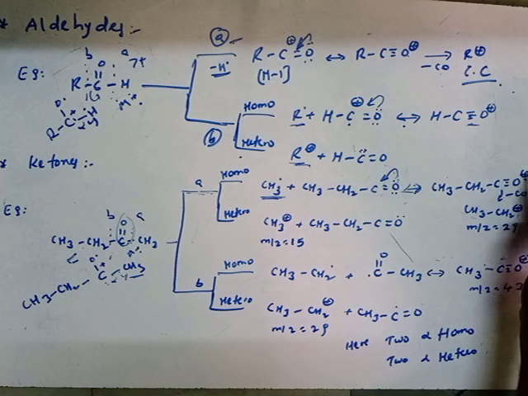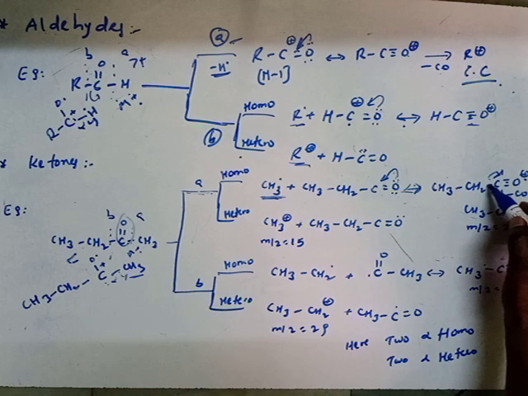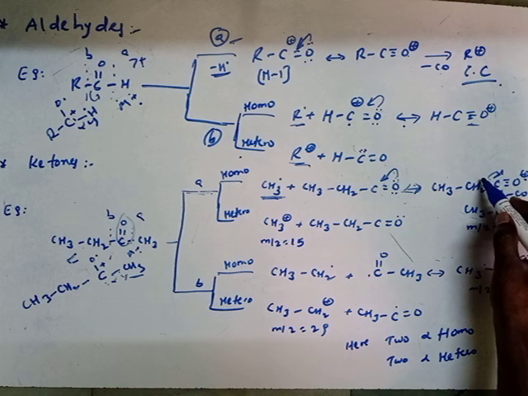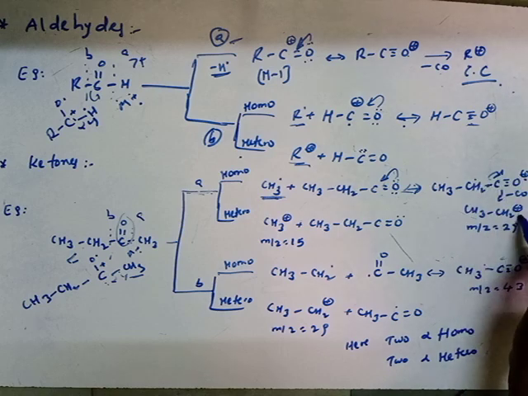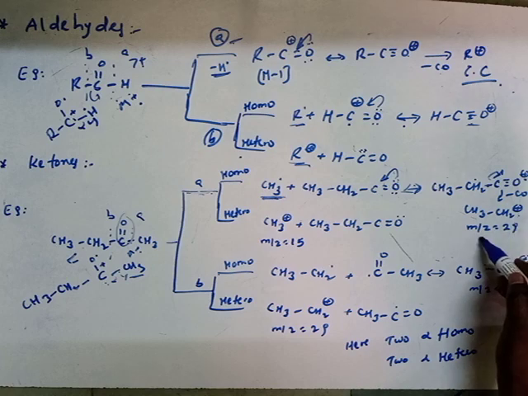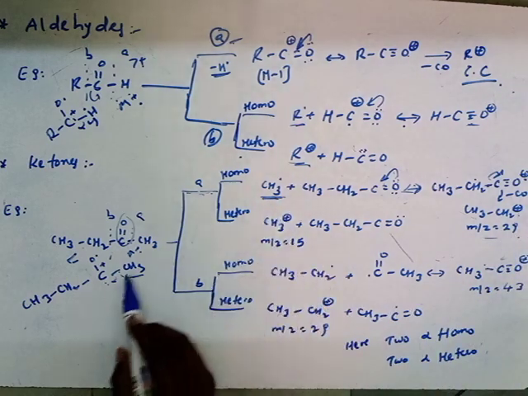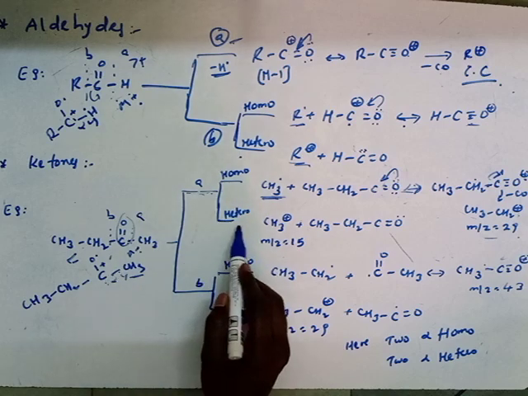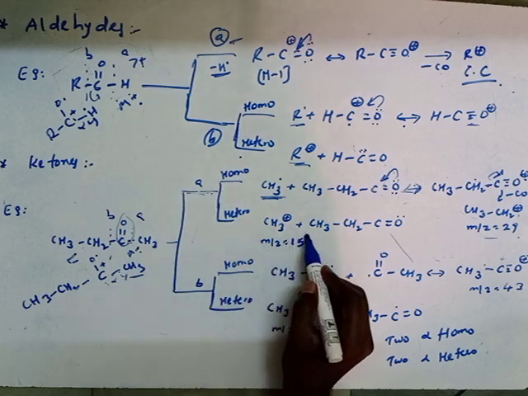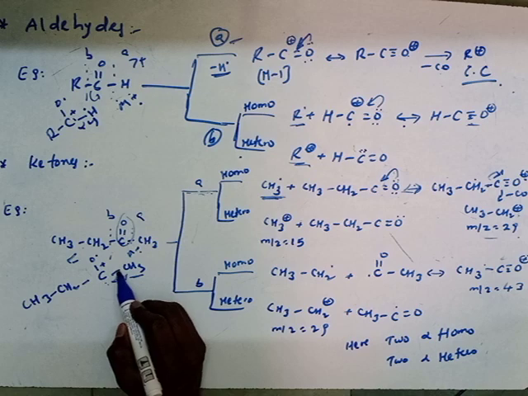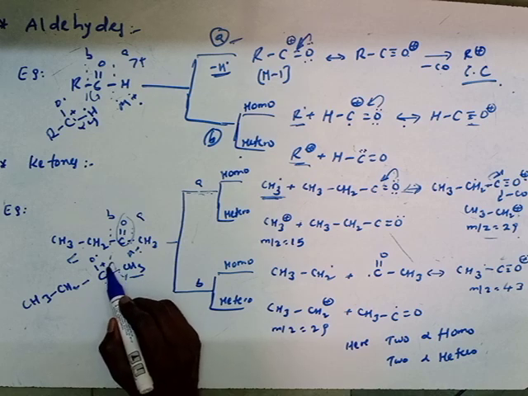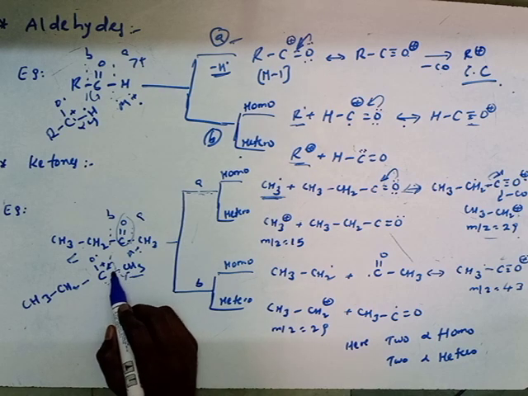Now heterolysis means here loss of CO takes place, so the electrons move to this carbon atom, and here it gets a positive charge, so we get an ethyl cation. Its m/z value is 29. Similarly, it can undergo heterolytic cleavage. If it undergoes heterolytic cleavage, what will happen? The bond electrons move to here, so it will get a positive charge, meaning loss of electron takes place.